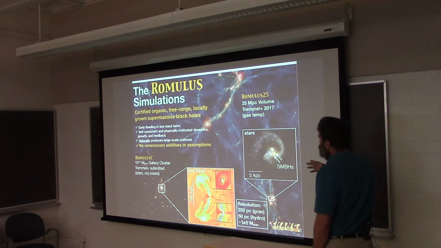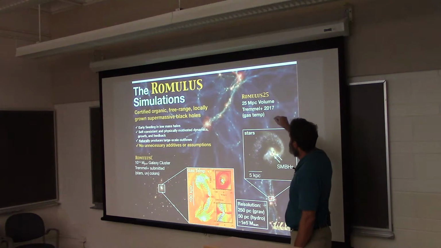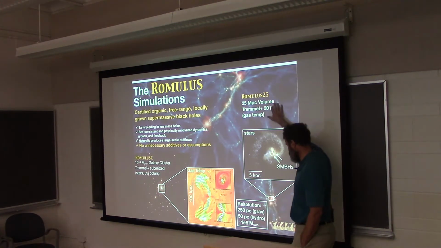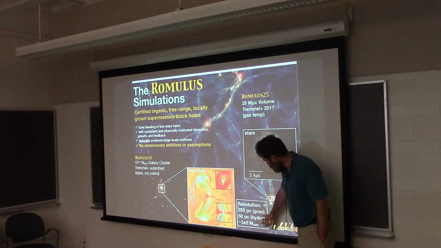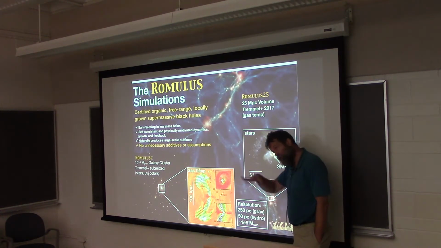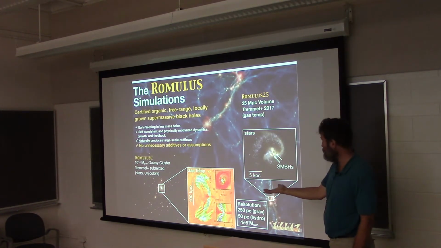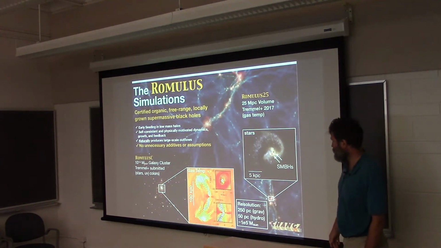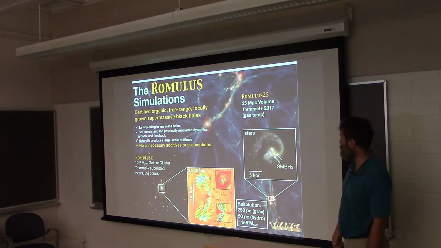So we have a number of simulations, which we call Romulus 25, what I call a barely cosmological volume, uniformly sampled with roughly 10 to the 5 solar mass resolution in both the dark matter and the baryons. Gravitational resolution of a quarter of a kiloparsec.